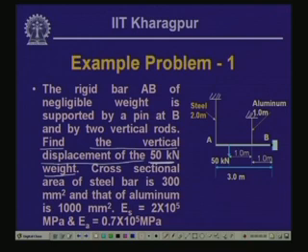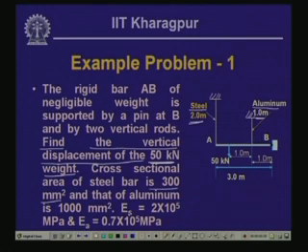The cross sectional area of the steel bar is 300 millimeter square. This is the steel bar of length 2 meter and this is the aluminum bar of length 1 meter. The cross sectional area of steel bar is 300 millimeter square and that of aluminum is 1000 millimeter square.